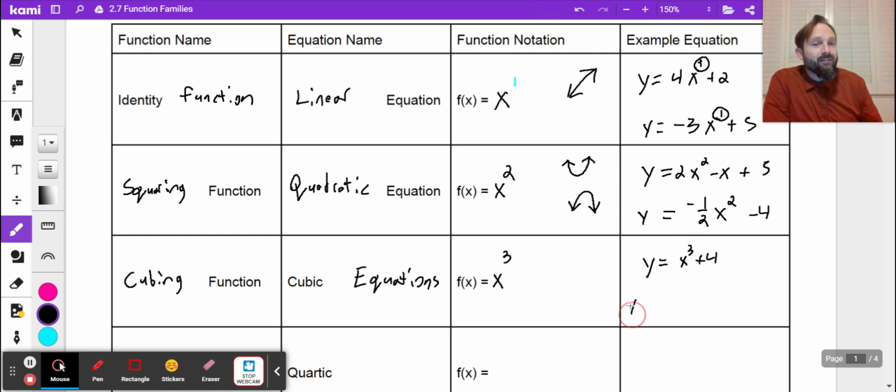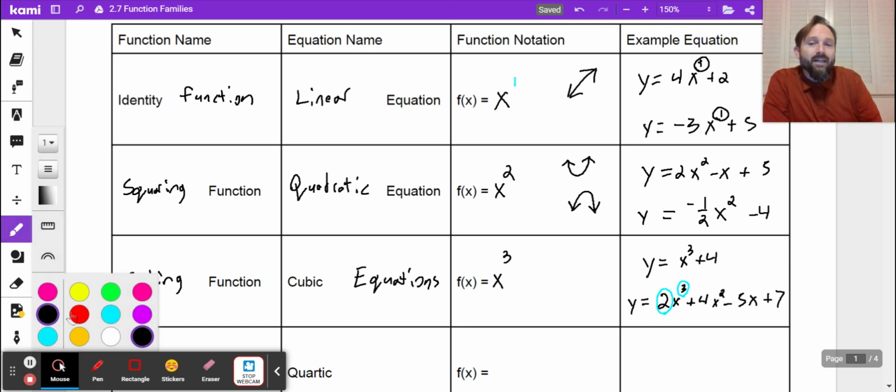Or it could have everything from x cubed all the way down: x cubed plus 4x squared minus 5x, and then plus 7. It doesn't matter. All I really care about is the highest degree, and I will want to know about the leading coefficient. Is it positive or negative?